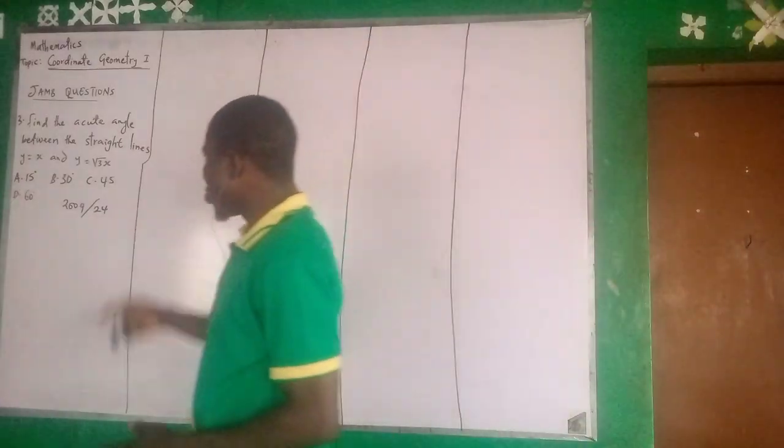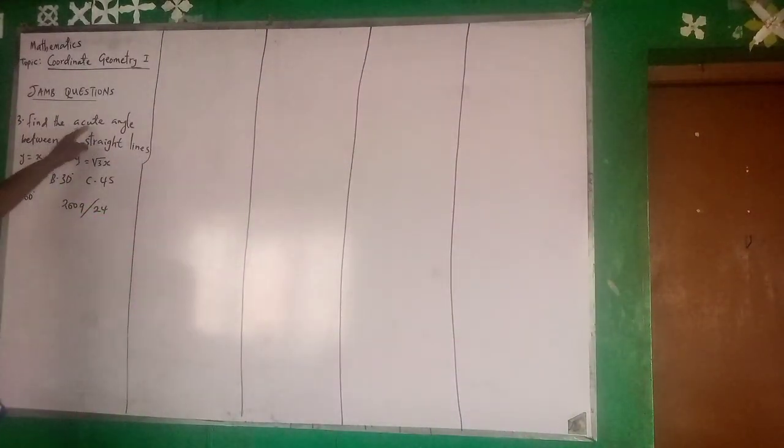Okay, let's solve question number 3. Find the acute angle between the straight lines y equals x and y equals root 3 x. These are the options, and this is 2009 question number 24.